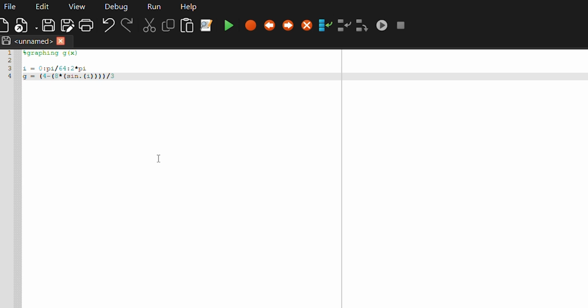Sin, I might run an error here, but sin i dot power of 2. I think it does tell us when a bracket is missing.